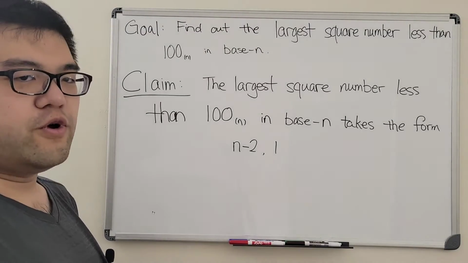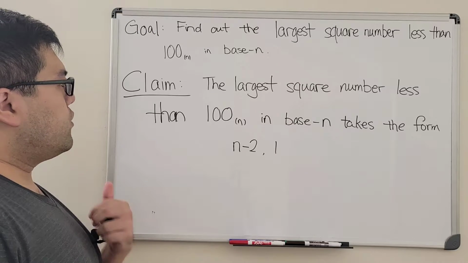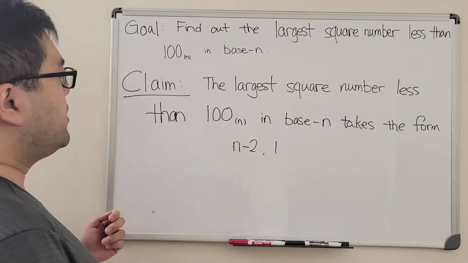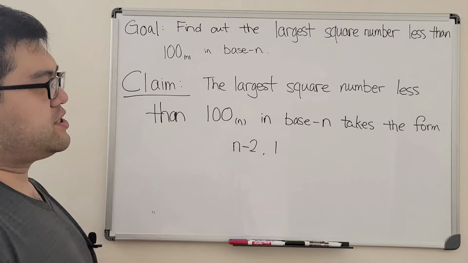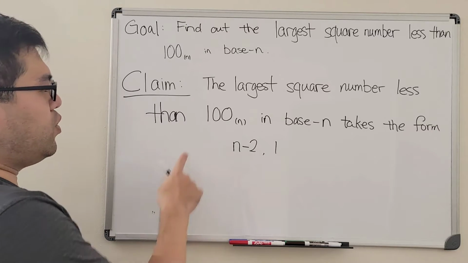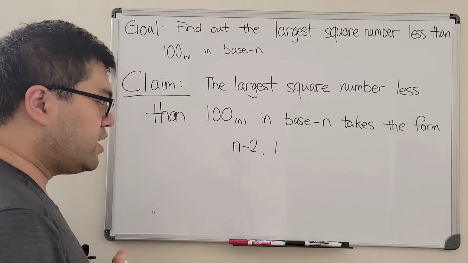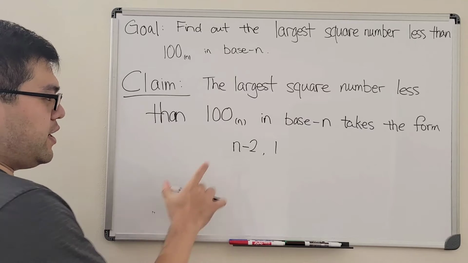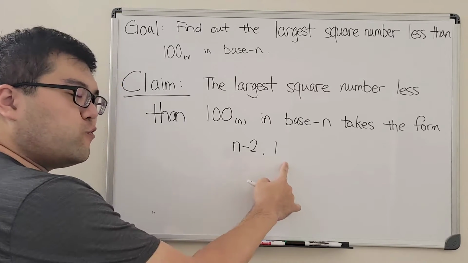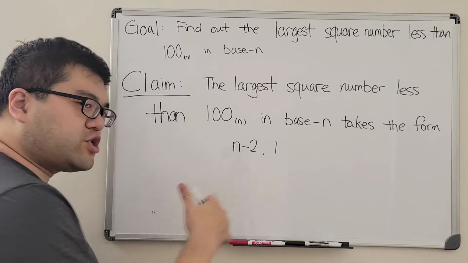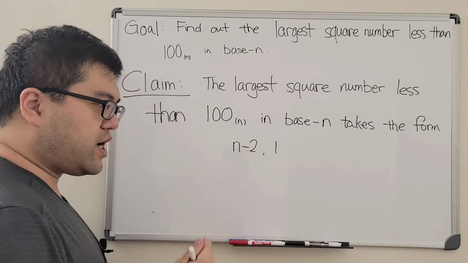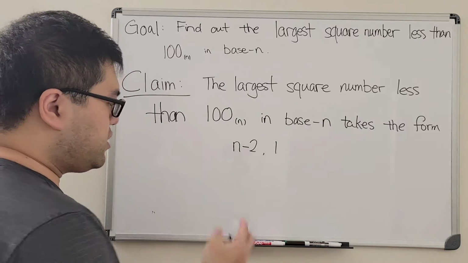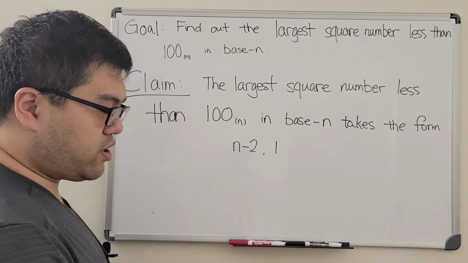Alright, so from the examples that we got, we can say that the largest square number less than 100 in base n takes the following form: n minus 2, comma 1, where this comma is just a separator, but this time it's not separating the integer part and the decimal part.